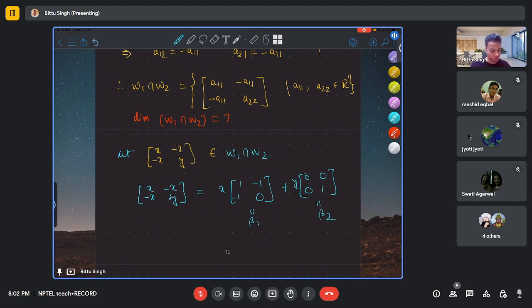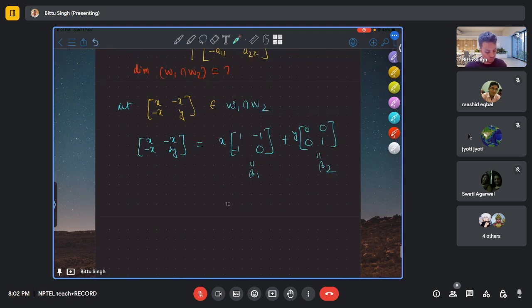Similarly, beta 2 also belongs to the intersection, because the second and third entries are the negative of the first entry. Therefore we can conclude W1 intersection W2 is spanned by those two elements, beta 1 and beta 2.